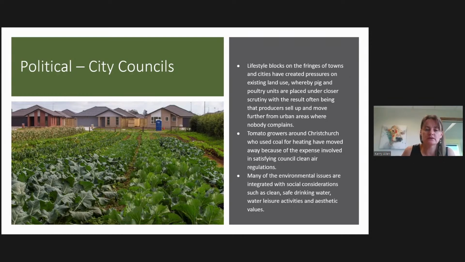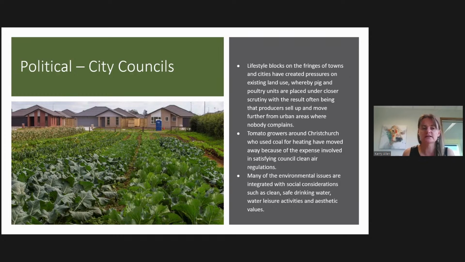So in the Christchurch area, tomato growers who were using coal for heating generally had to move away because the council had implemented clean air regulations, and they weren't going to be able to meet those. Most of those tomato growers are now converting to more sustainable heating, such as wood or wood pellet burners.